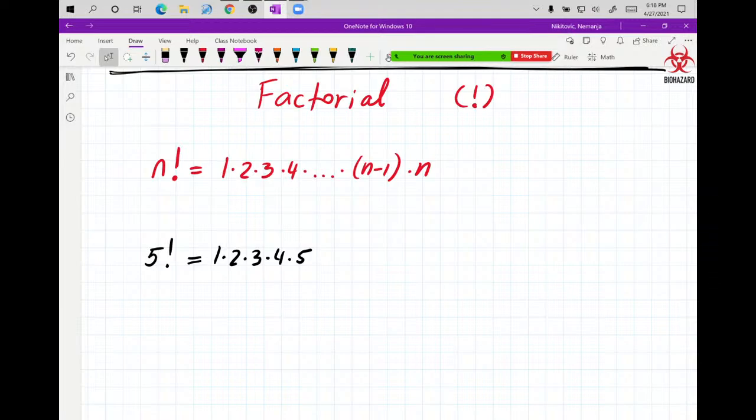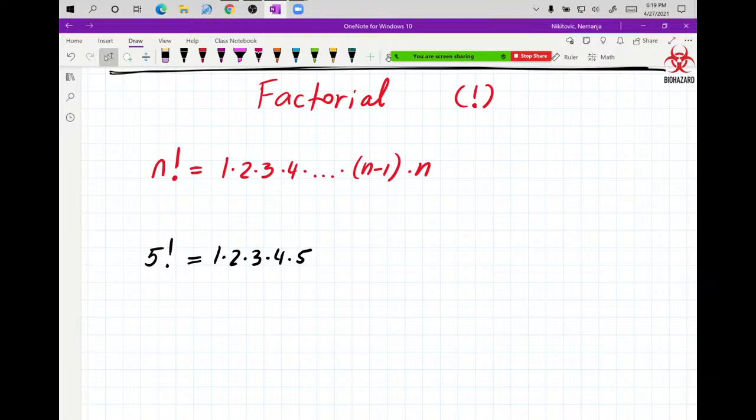You might see it in linear algebra, depending on the concepts you cover. And you will see it in statistics for probability, combinatorics, and so for combinatorics, permutations. There are many uses for factorials.